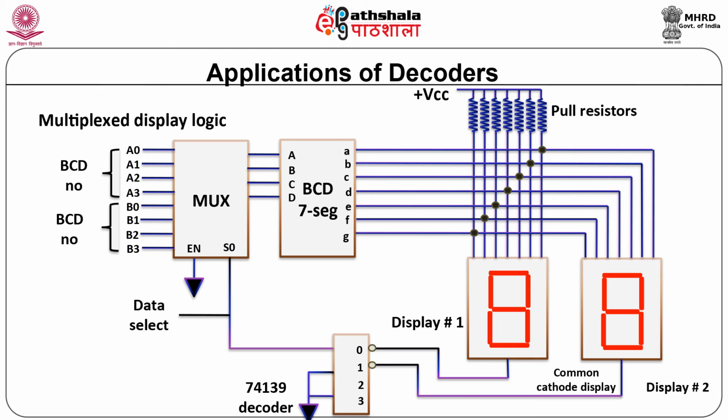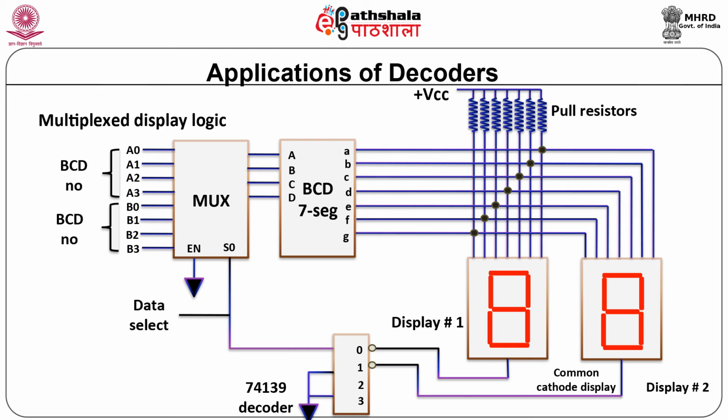Here, the multiplexer has a capacity to accept 2 4-digit binary numbers. When data select line is low, first BCD number is passed to the 7-segment decoder and generates a 7-segment code at the output of the decoder.